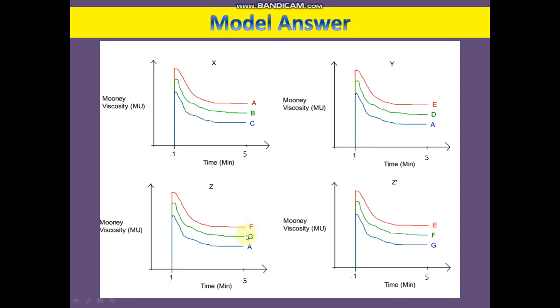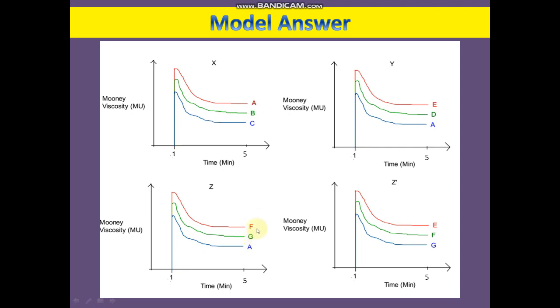Between F and G, the G contains 2 pHr of oil compared to F, where the F contains 1 pHr of processing oil. So more oil will reduce the Mooney viscosity value by a higher amount.